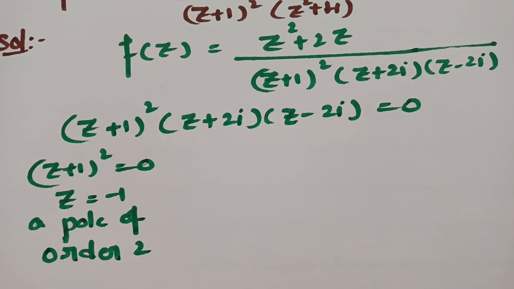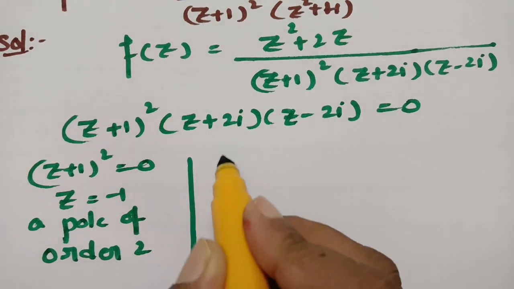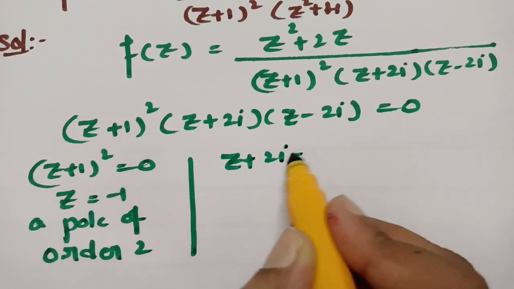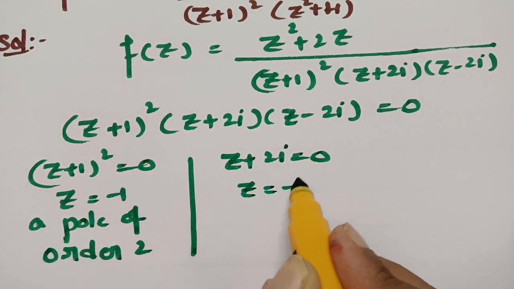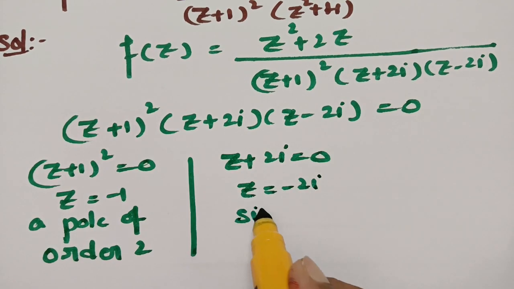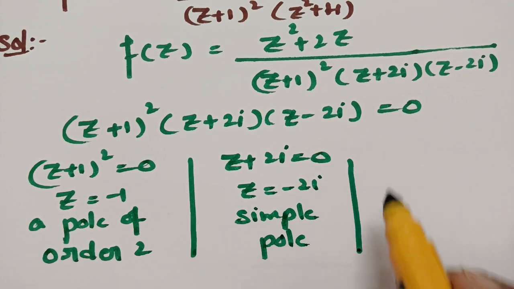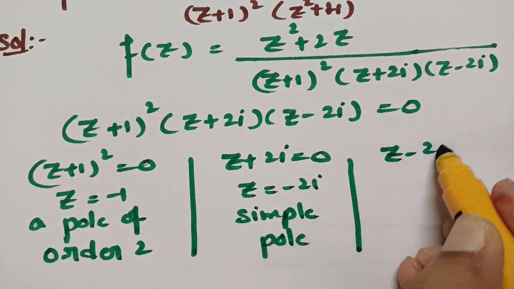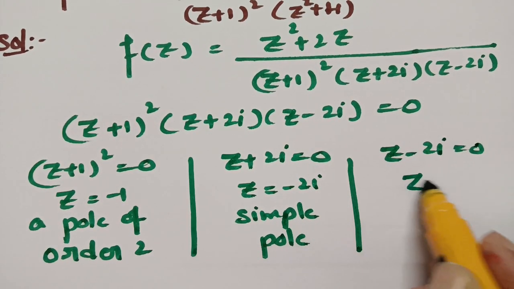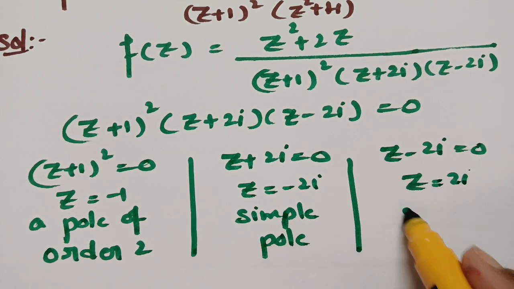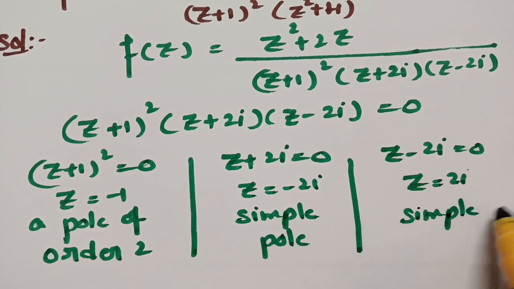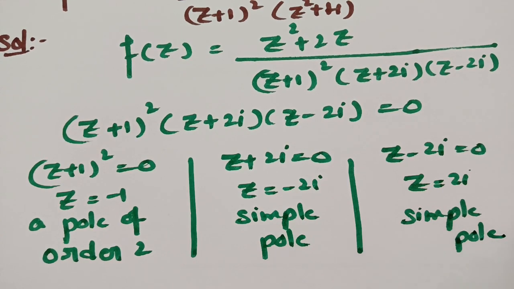Therefore, the order value is equal to 2. If I equate z + 2i = 0, then z = −2i, which is a simple pole. And if I equate z − 2i = 0, then z = 2i, which is also a simple pole.